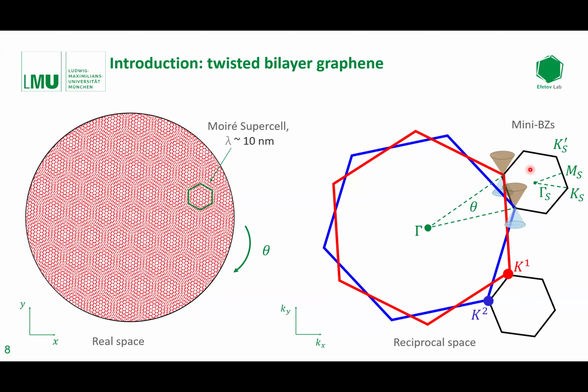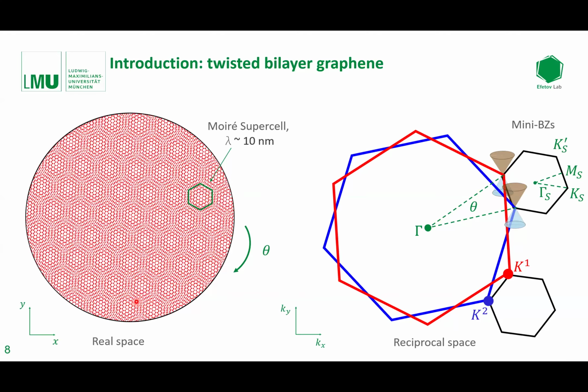Okay, and for any given twist angle that we ingrain into the sample, in particular, of course, we're interested in twist angles of around 1 degree, where the Moiré supercell has a lattice constant of around 10 nanometers.